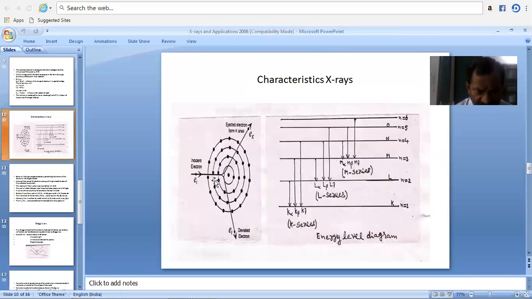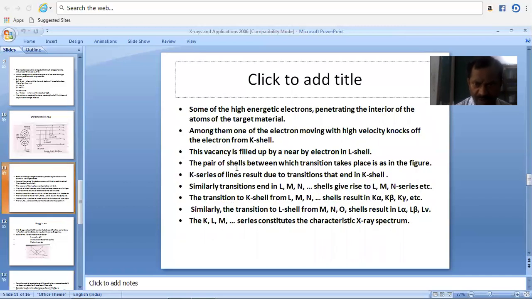See, here it knocks out the electron in the K shell. There is a vacancy. The ejected electron goes out this side. This vacancy is filled up by a nearby electron in the L shell.